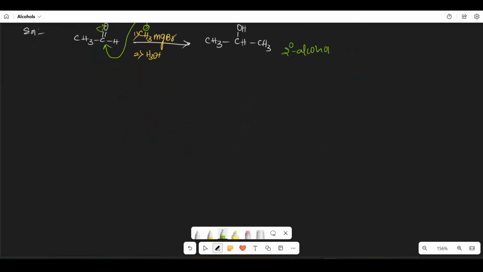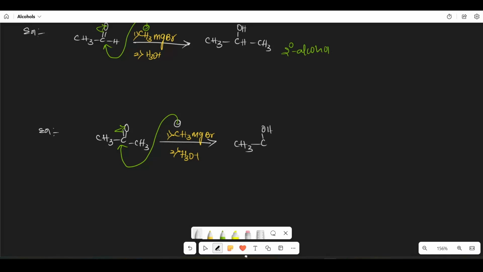If you want to prepare tertiary alcohols, we need to take ketones. Let's take acetone with CH3MgBr and then hydrolysis. Same mechanism: it attacks the carbon and the carbonyl bond shifts towards oxygen. After hydrolysis, we get the tertiary alcohol.